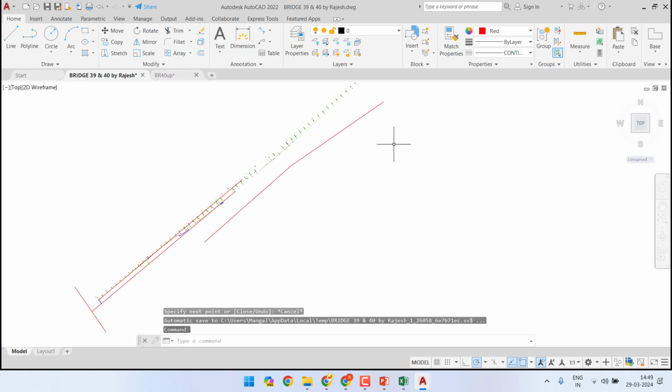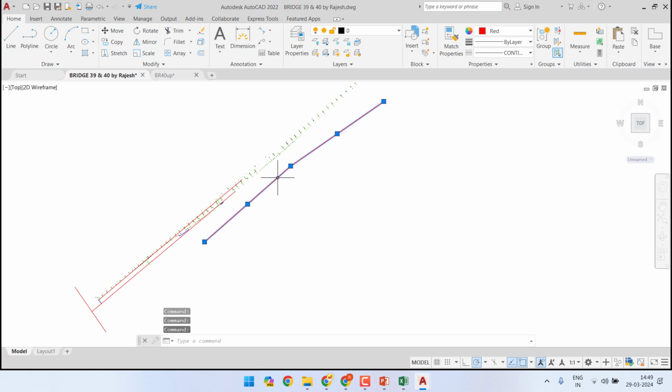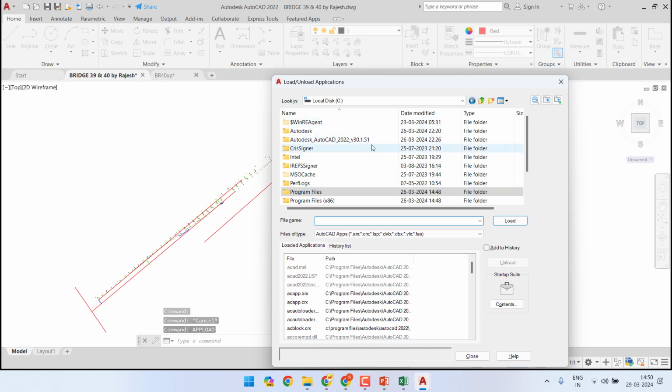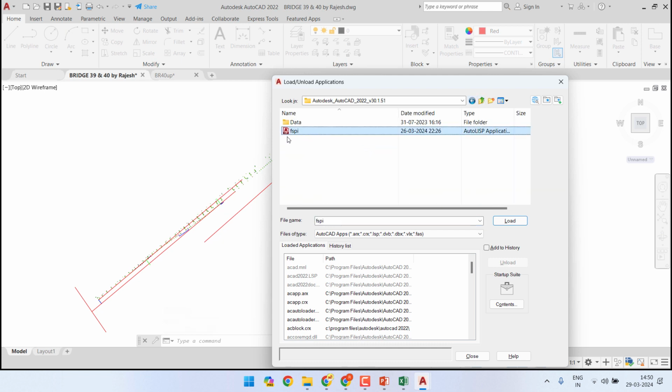So I have two straight lines and I have to draw a curve between these two lines. So we use a function, we use a plugin. We will load this plugin by the command appload, and then we will go to the plugin, that is the AutoLISP application.